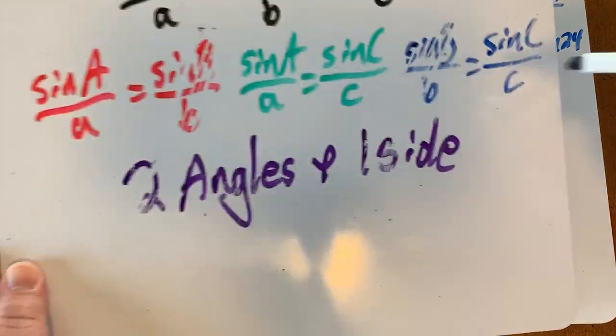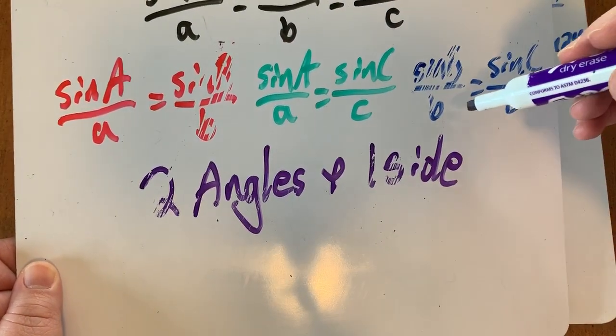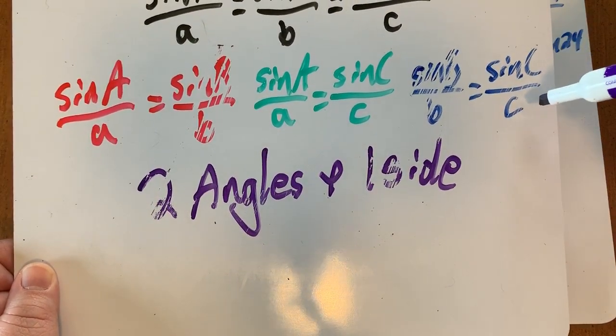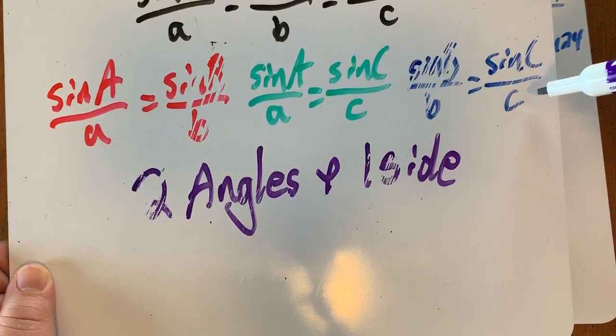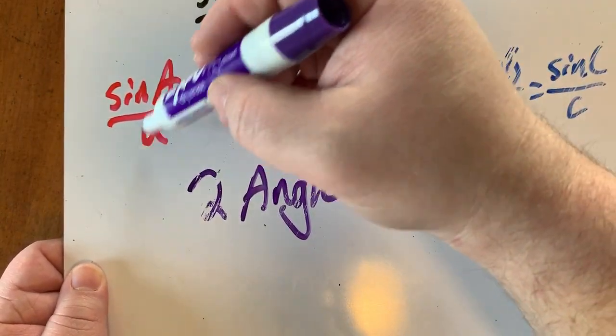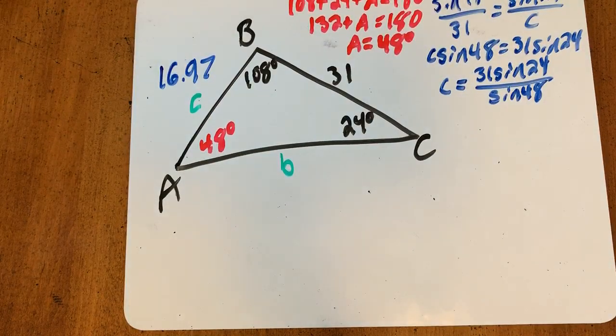And then lastly for B, if we're looking for B, we could use one of these two. I'm not going to use this one because we only just found C, so we'd have a rounded value in there. If we use this one, we won't have any rounded values.